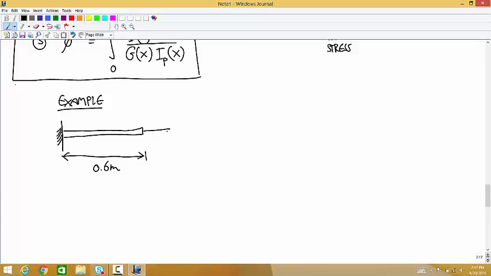And let's say we have an external torque of 700 Newton meters. The G value is 80 times 10 to the 9th pascals, and the polar moment of inertia is 1.57 times 10 to the minus 8 meters to the 4th. What's the angle of twist?